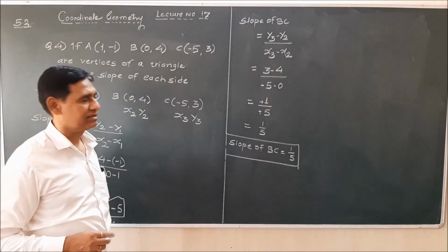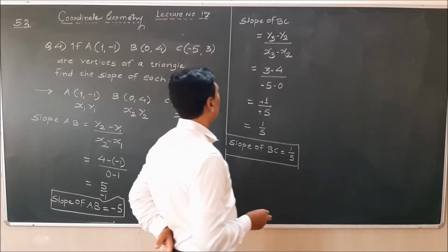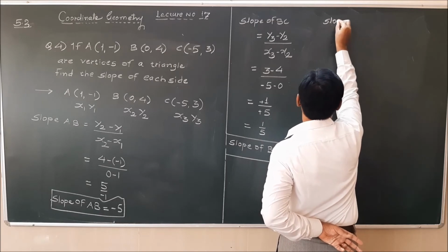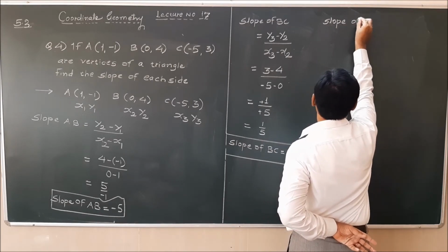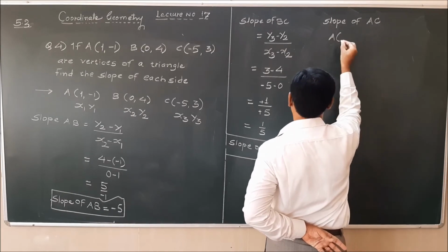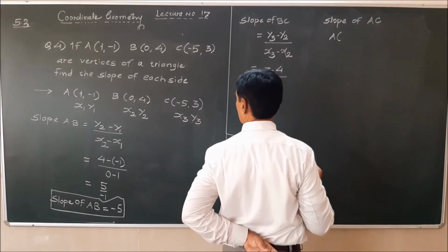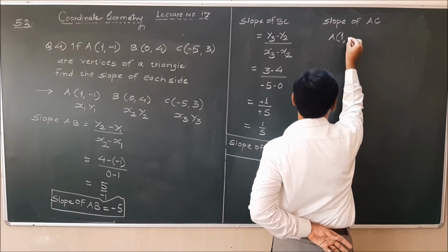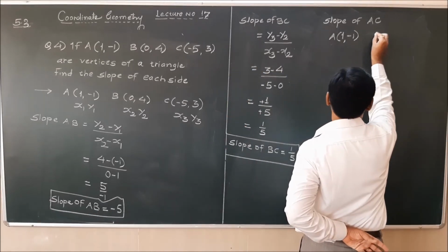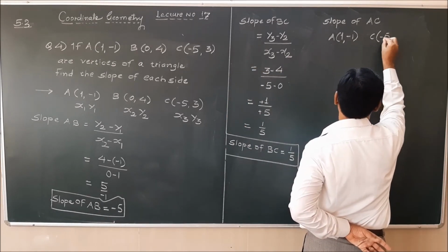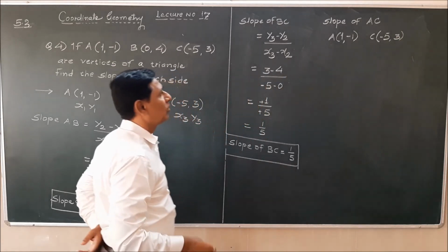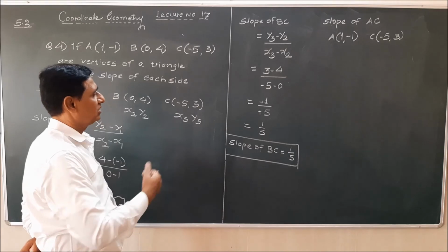Now one more line is left. Slope of AB, BC done. Now slope of AC. Be careful now. The coordinates of A are 1 comma minus 1, while the coordinates of C are minus 5 comma 3. We have to find out the slope of all three sides.